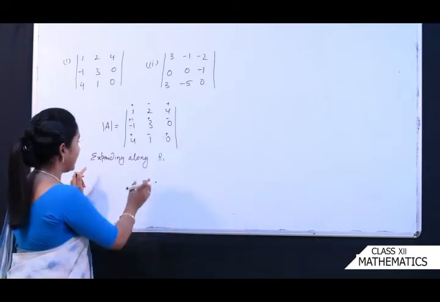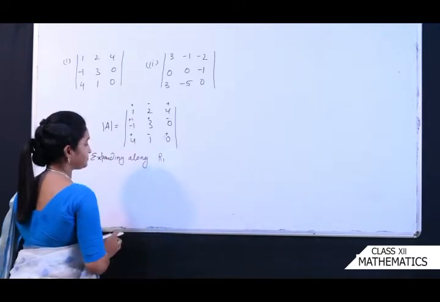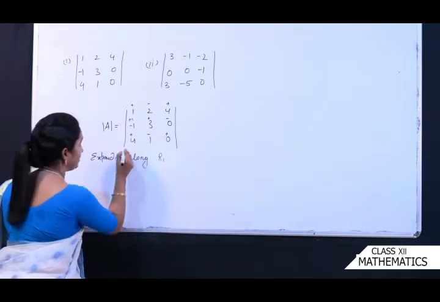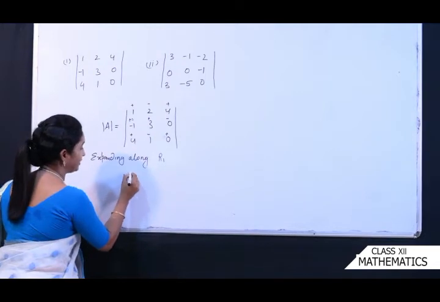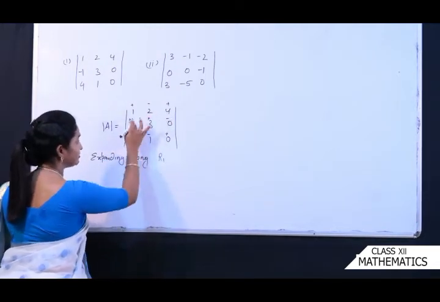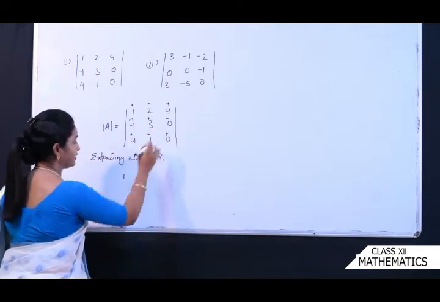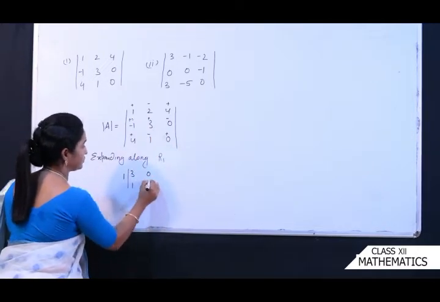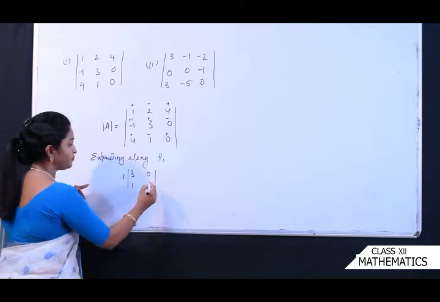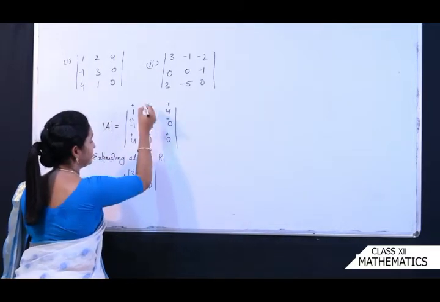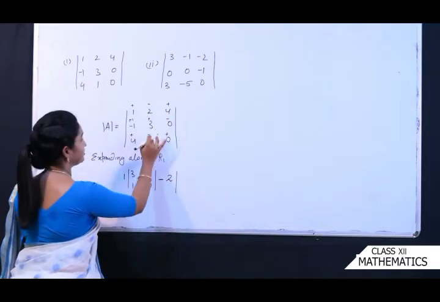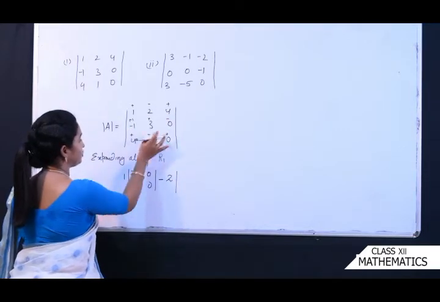Now look at here, expanding along R1. When you expand along R1, that means what is the procedure? Element, first element into its minor. Okay, minor मतलब क्या होगा, क्या बचा है? That is 3, 0, 1, 0. Clear? Okay. Again, since the symbol is minus, so here it will be minus, element into its minus, that is -1, 0, 4, 0.